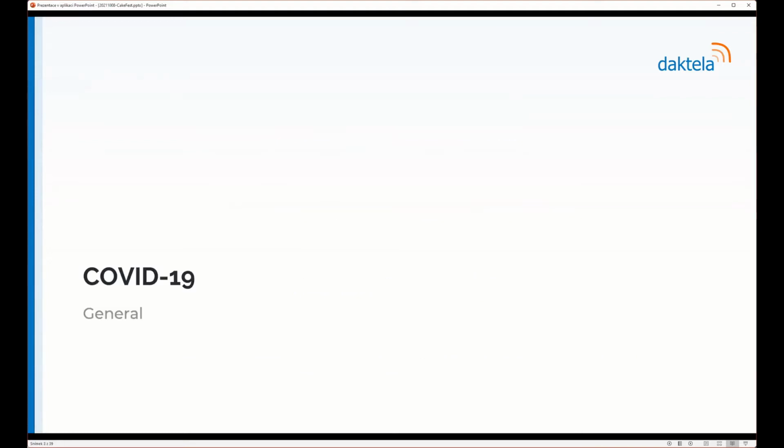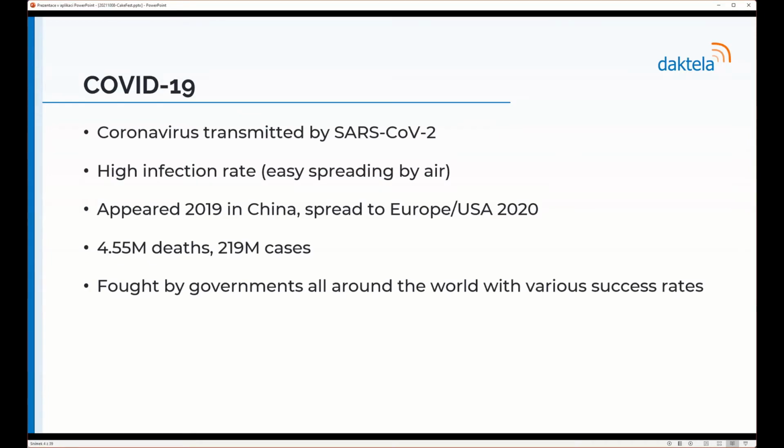So for the first part, COVID-19 in general. As we probably all know and have been impacted by it, it's a coronavirus that is caused by SARS-CoV-2. It's a virus that has a pretty high infection rate, and therefore this is the reason why it affected us so much, that we can actually infect a lot of people just by being infected ourselves.